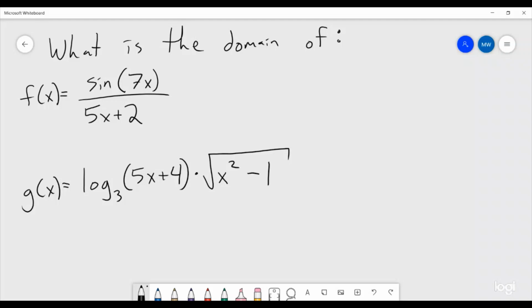Try and figure this out. Try and figure out what the domain of these functions are.